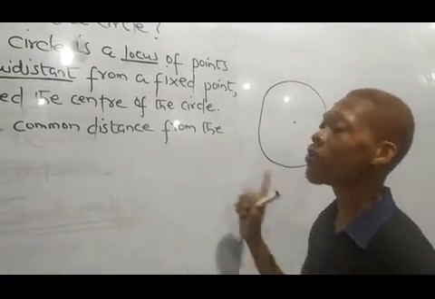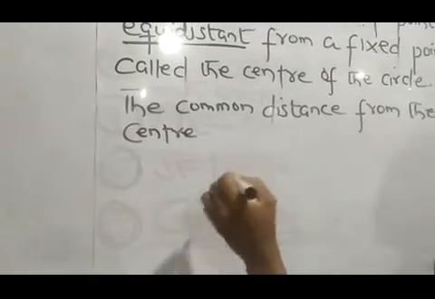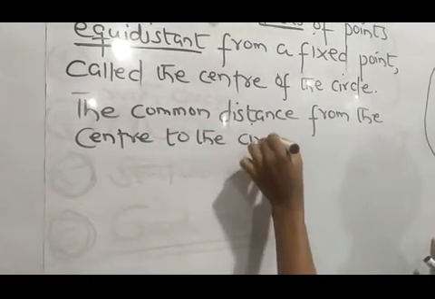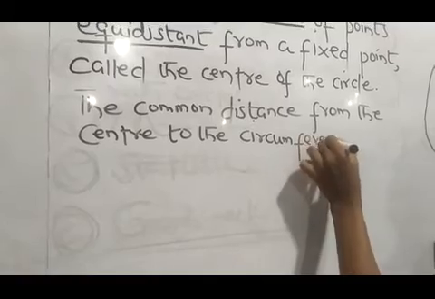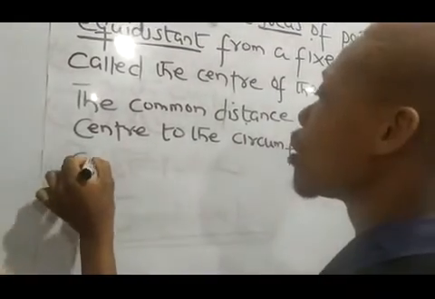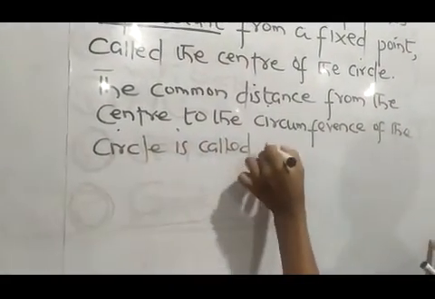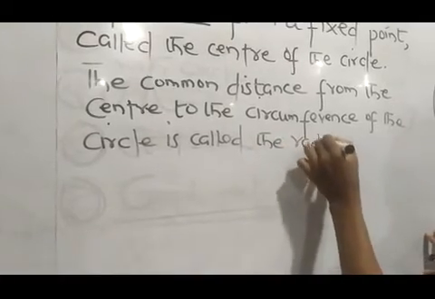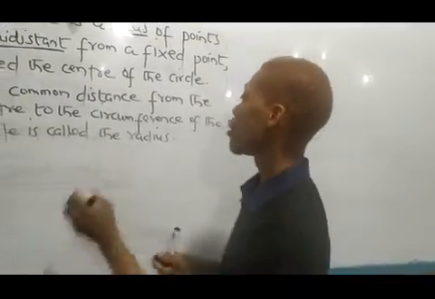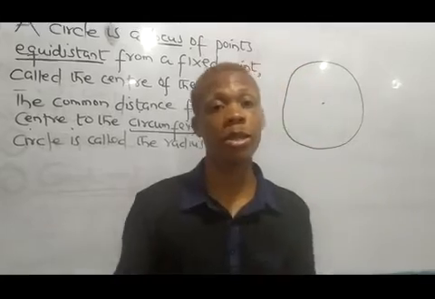So the common distance from the center to the circumference of the circle is called the radius. So that is what we mean by the radius. And I will explain circumference under the parts of a circle.